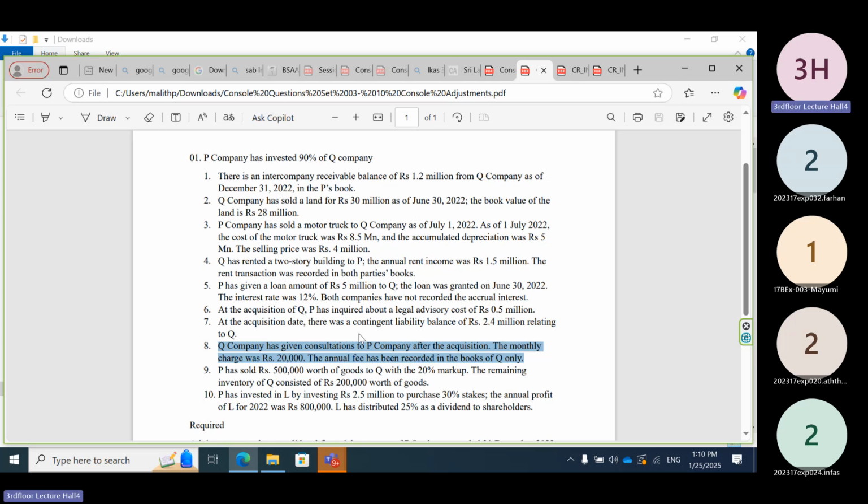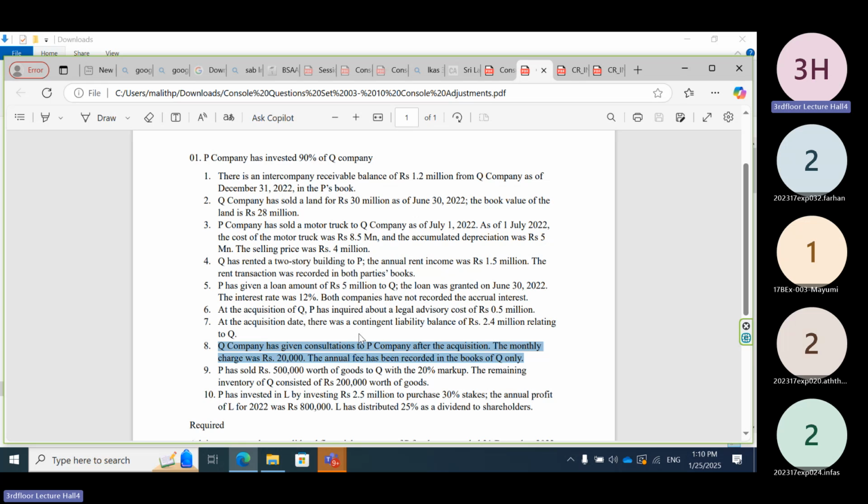If you are having intercompany sales, check whether you want to prepare the P&L and the balance sheet both. If you want to do the P&L, this elimination is a requirement.